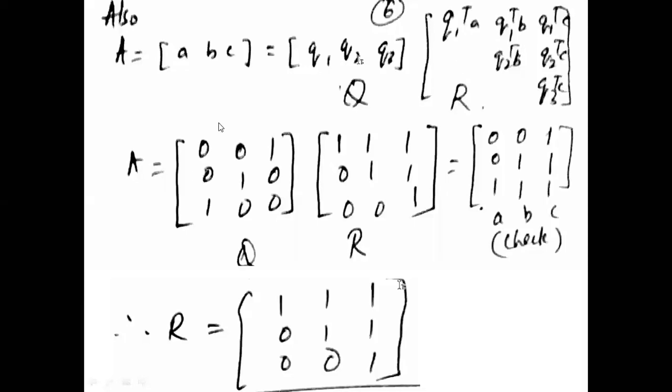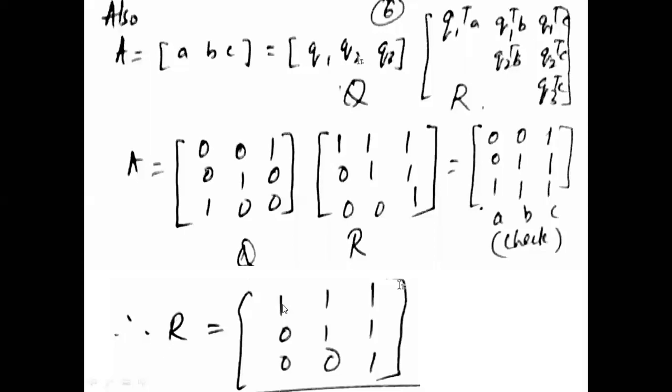So we put in the value of Q, we put in the value of R, and once you multiply them, you'll get this value, and this value will correspond to A. Once you check this, A will be equal to Q into R. Therefore, the R value is this. And what is the check for the R value?